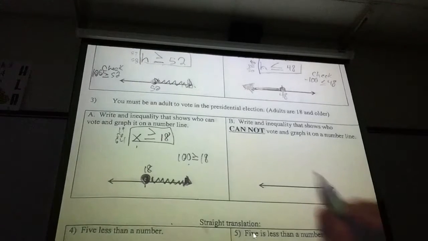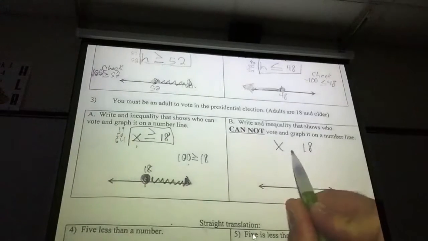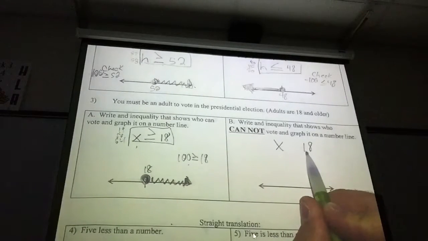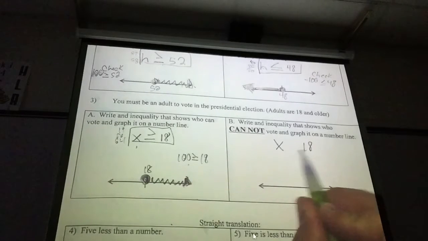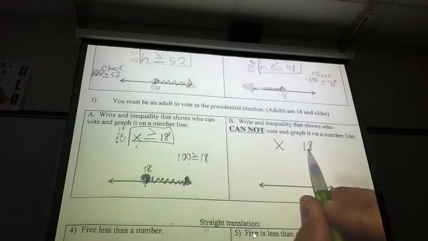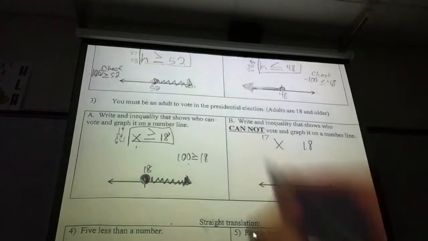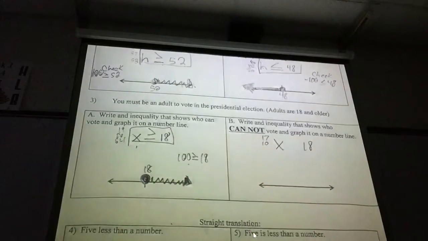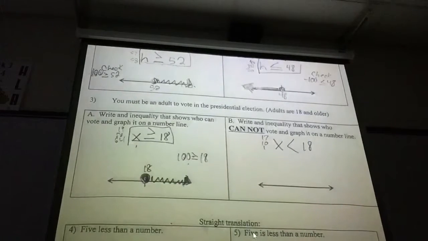All right, guys, so hopefully you got this one correct. Again, we're comparing x to the number 18. Now, a person who is 18 is able to vote, so we are not going to put the or equal to bar because we're not including the 18. Someone who cannot vote, well, someone who's 17 can't vote. Someone who's 10 can't vote. Someone who's a baby can't vote, right? And all these numbers are less than 18.